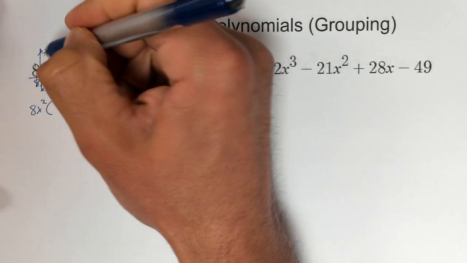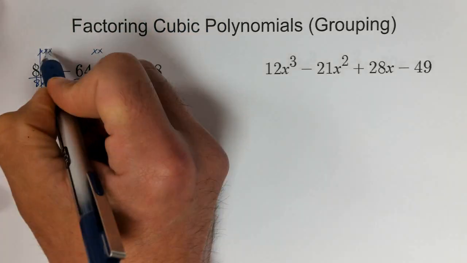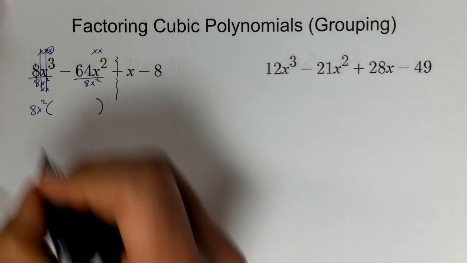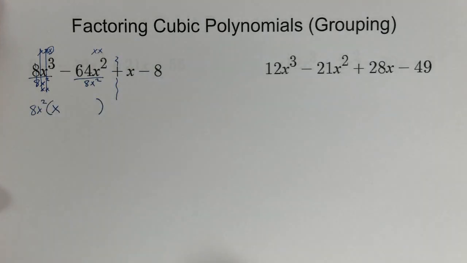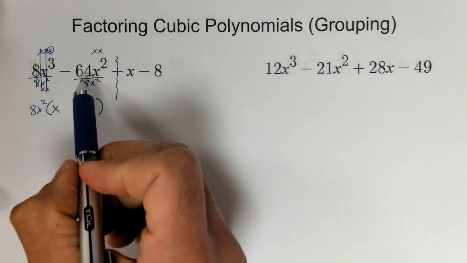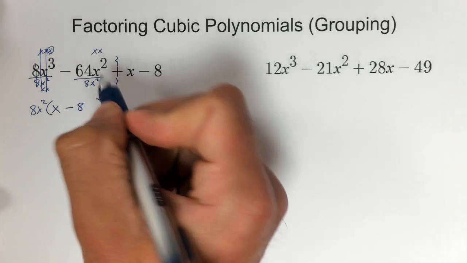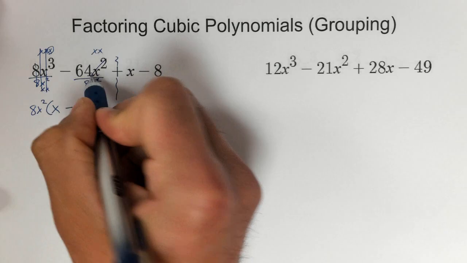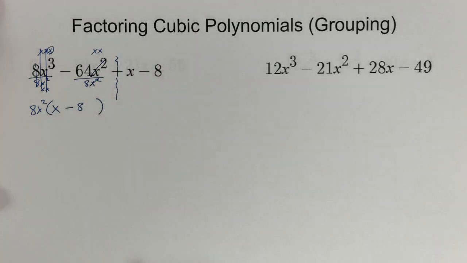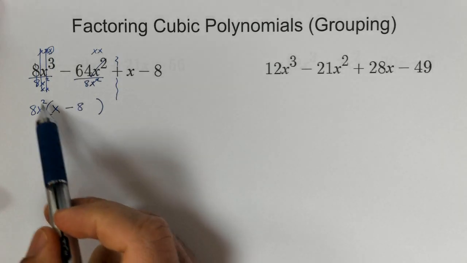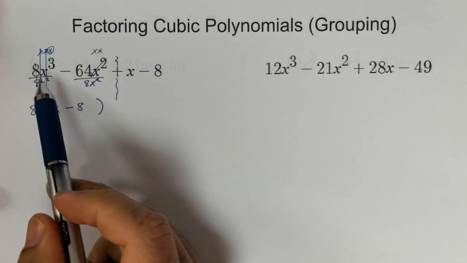So I get to cancel 2 of these values, and I'm left with just 1 on top. So x cubed divided by x squared is just x. Now similarly, what's 64 divided by 8? Negative 8. And x squared divided by x squared cancels nicely into just 1. So on the left, I was able to factor out an 8x squared from both terms.